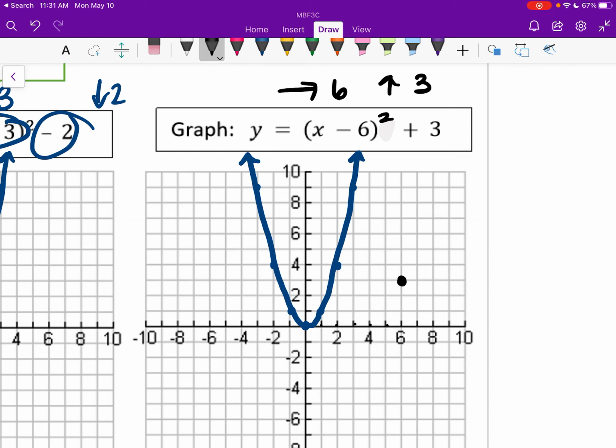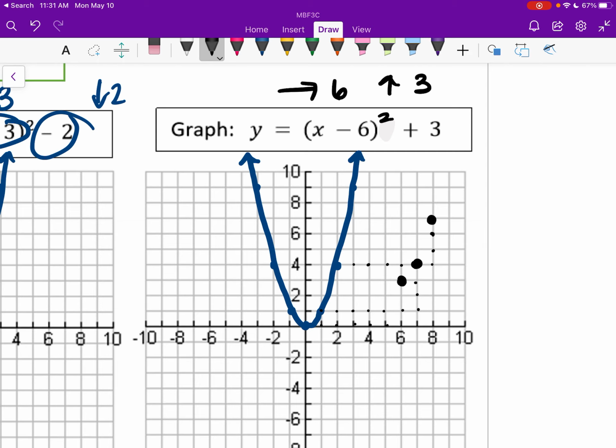Same thing here. I'm going to say, okay, move this point to the left 6, or sorry, to the right 6, 1, 2, 3, 4, 5, 6, and then 1, 2, 3, put a dot here. And this one, 1, 2, 3, 4, 5, 6, 1, 2, 3, right?